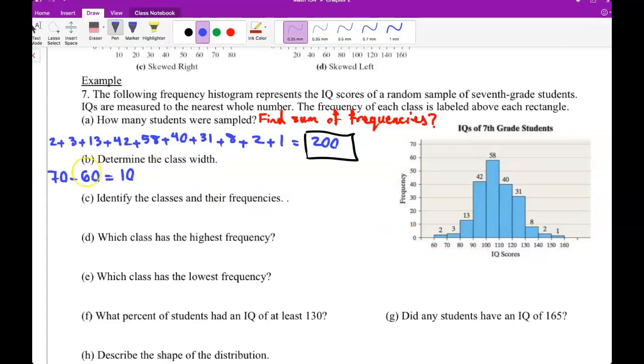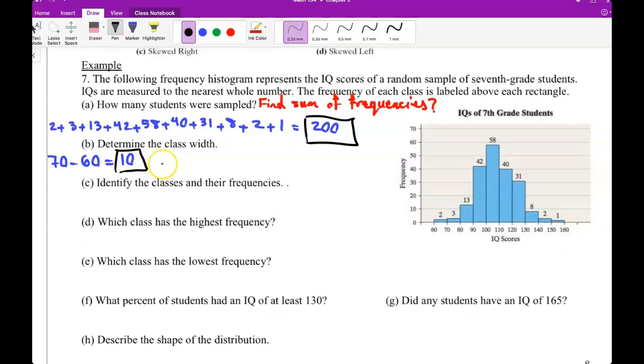Doesn't matter which one you write here, but you should have same class width, which is 10. So here, subtract any two consecutive lower limits.